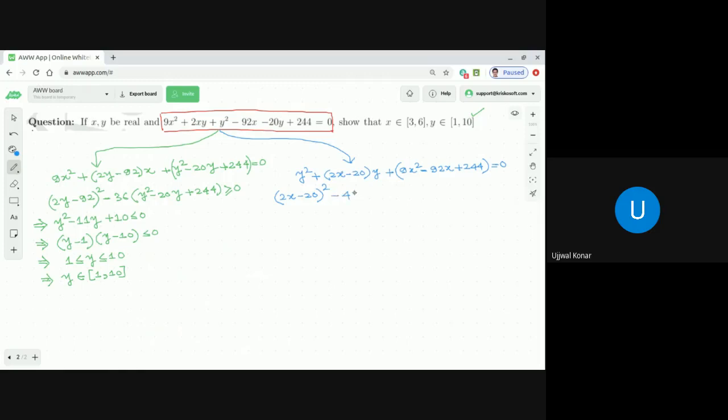A is 1, so 4 into (9x square minus 92x plus 244) is greater than equal to 0.